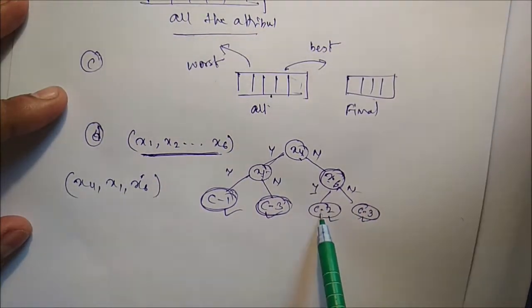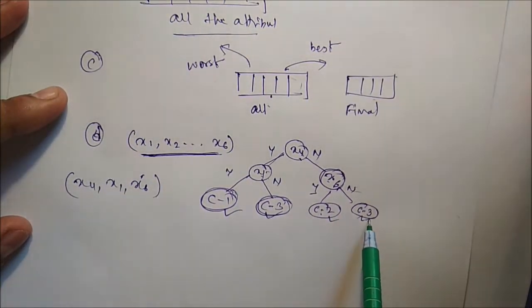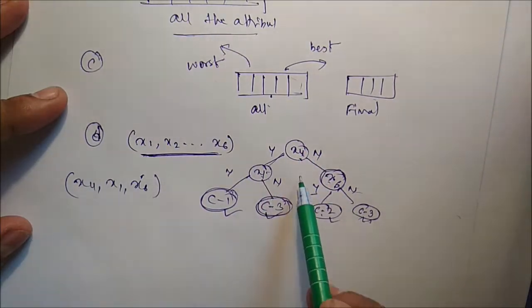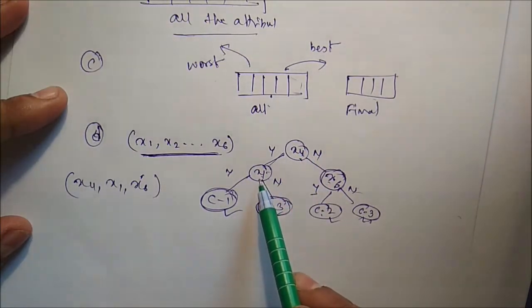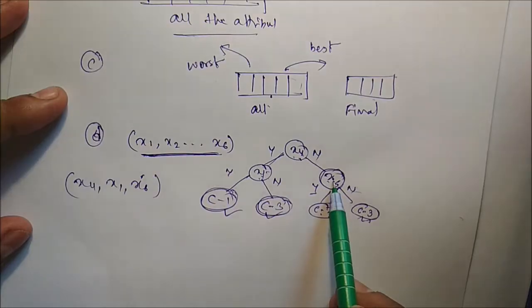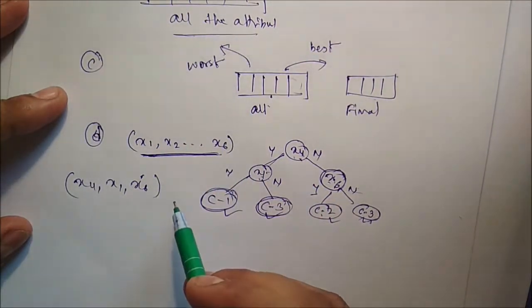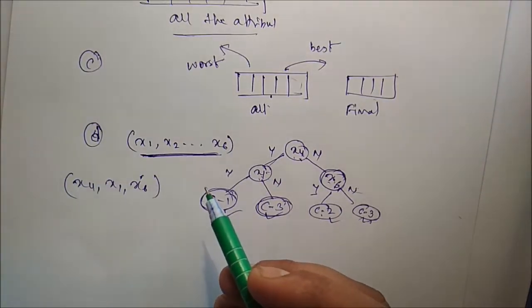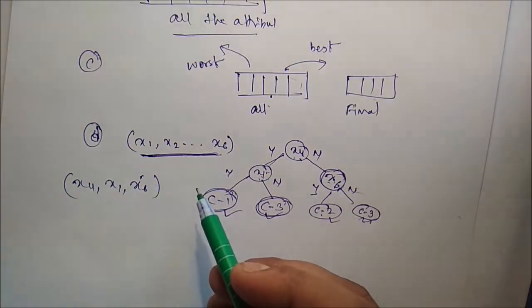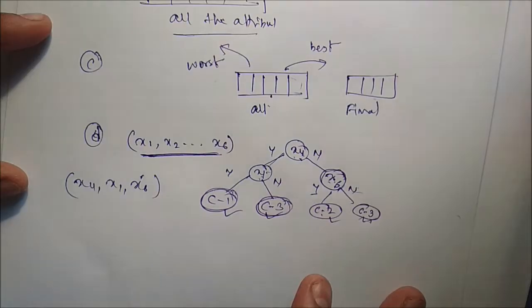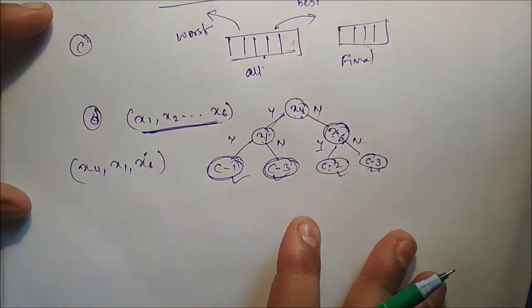If it is yes, class label 2. If it is no, class label 3. Now you can see only 3 attributes appear: x1, x4 and x6. So we retain only these 3 and discard the remaining attributes. In this way we can implement decision tree induction for attribute subset selection.